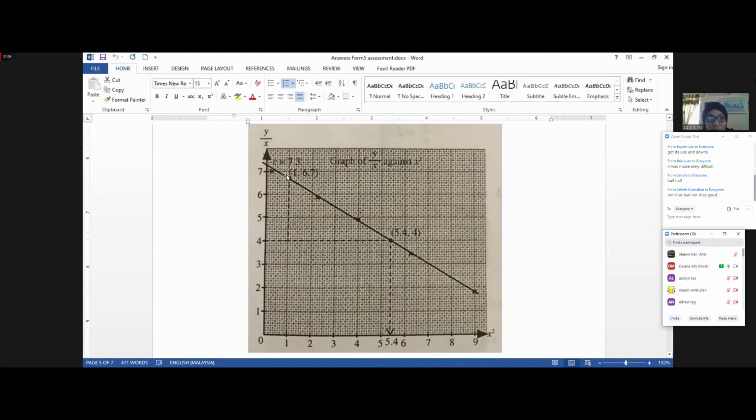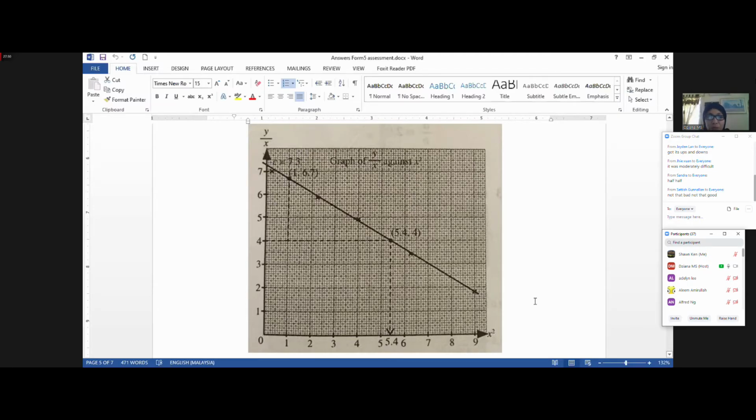Don't stop at this point. You must continue until it cuts the y-axis. All correct points and a correct line of best fit is 4 marks. Another 1 mark is from the table. So 5 marks for this. Actually, it's easy for you to get 10 marks for this question. So far okay? For the y-intercept here, I can only accept 7.2 until 7.3.